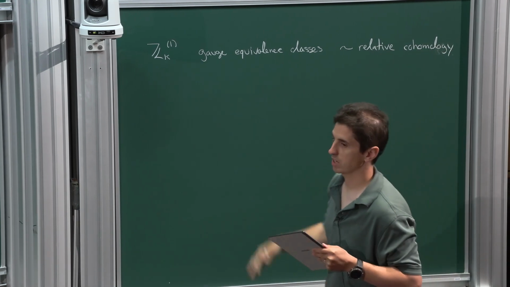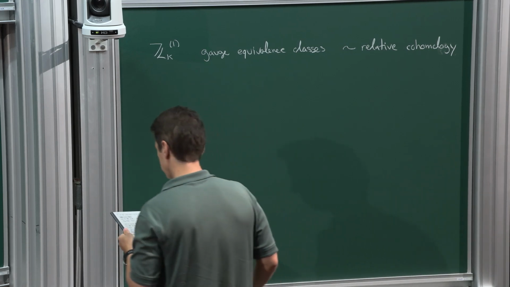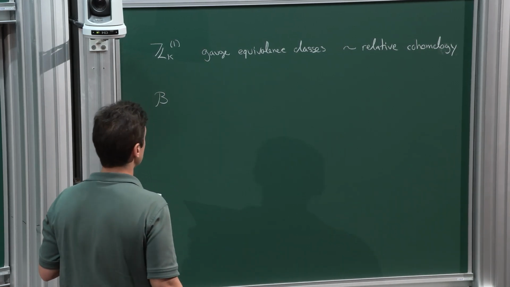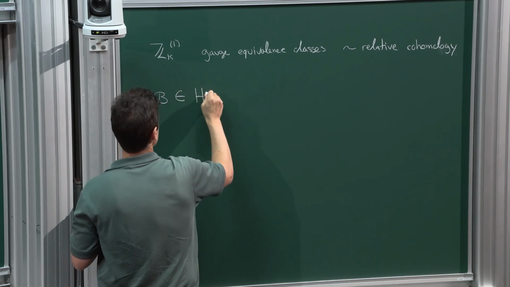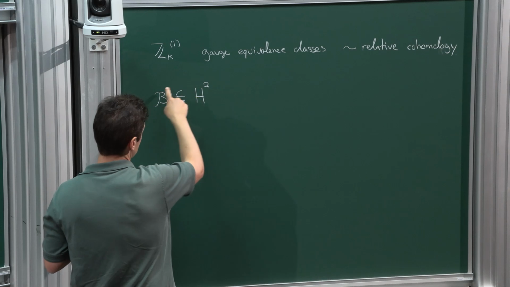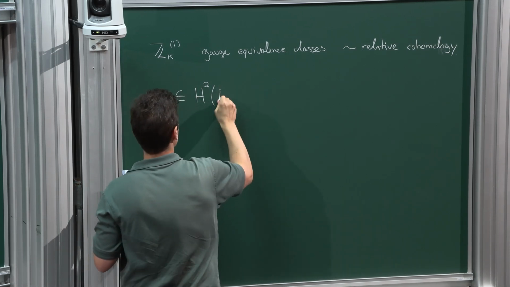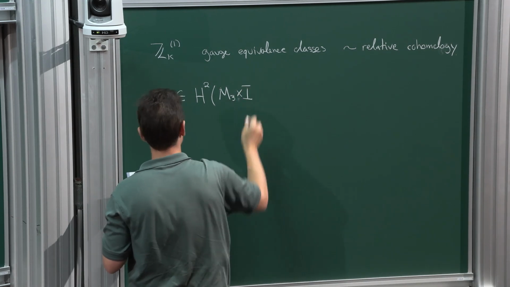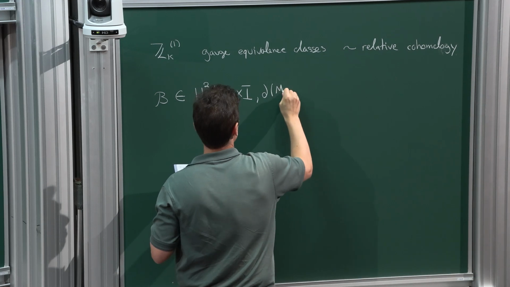So by gauge equivalence class, I mean the gauge field modulo gauge transformation. So let me write a formula. If I denote by the same symbol beta the gauge equivalence class, then it's in H upper 2, because it's a 2-form gauge field. It lives in M3 times the interval. But it's a relative cohomology class, relative to the boundary.